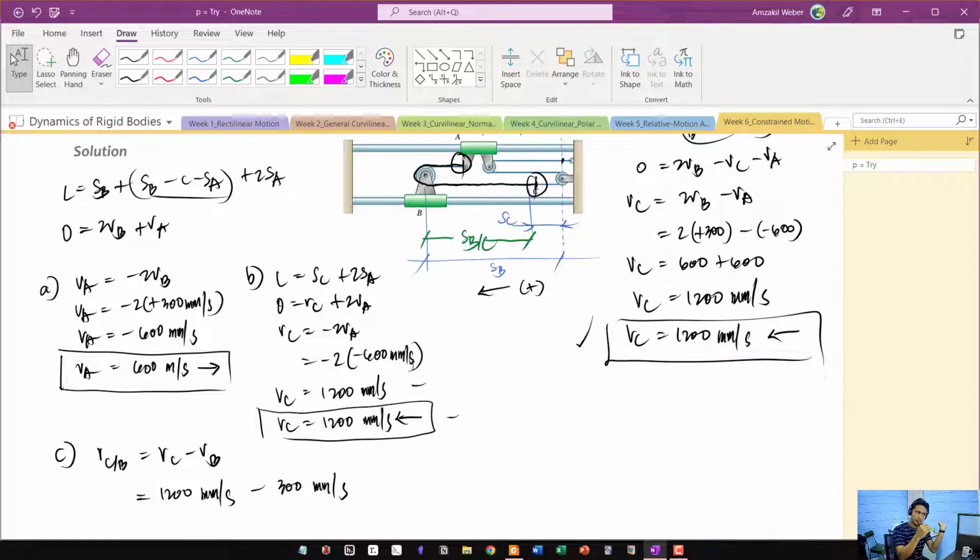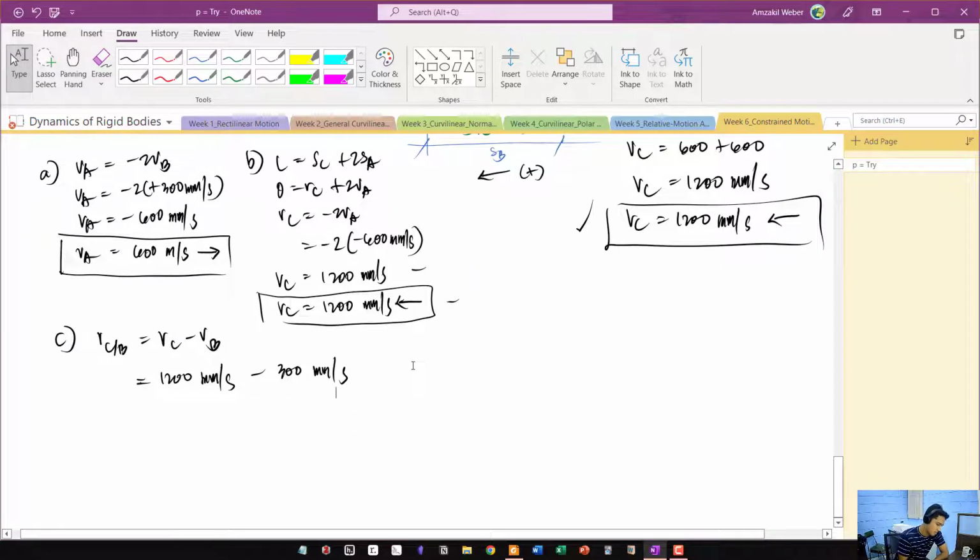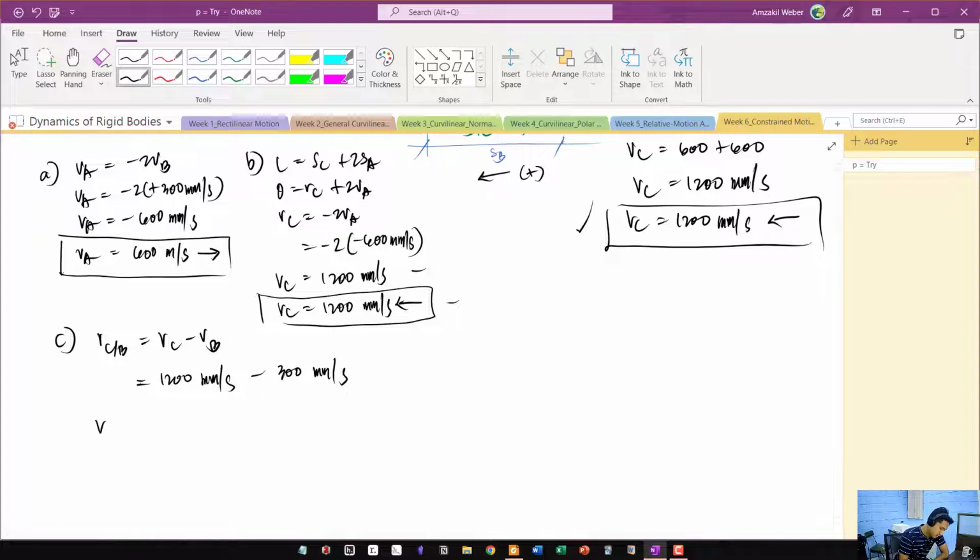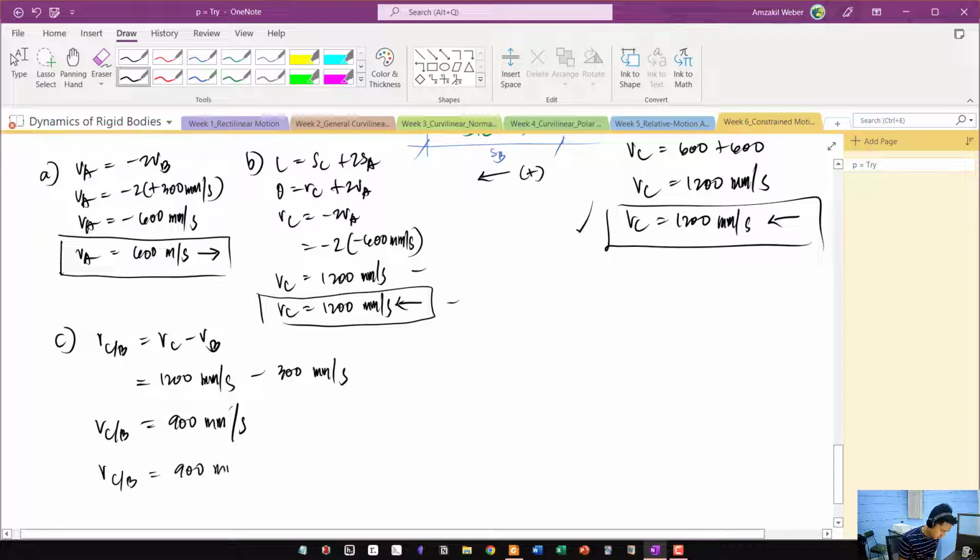But VB is 300, VC is 1200, so the relative velocity is of course subtracted. That would mean VC/B is 900. This is positive, so positive means leftward. But why leftward? Because they are both moving leftward.